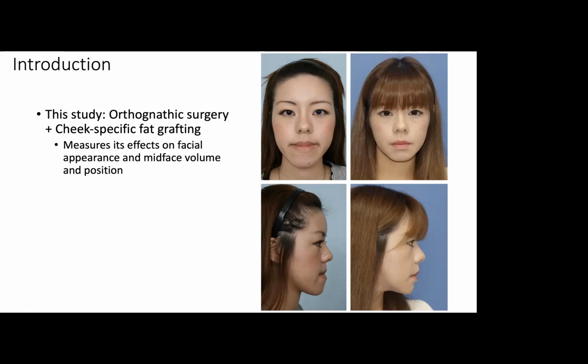So initially, I just put some fat grafting over there, and I noticed that the patient was very, very grateful because the dark circle disappeared, the hollow in the depressed area improved, and especially they look younger and much more beautiful.